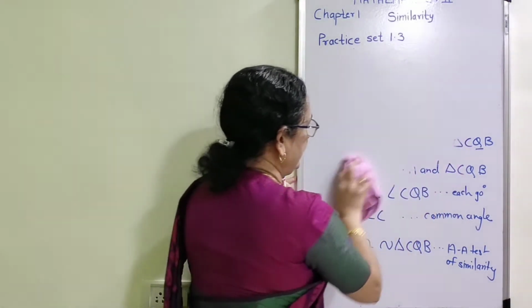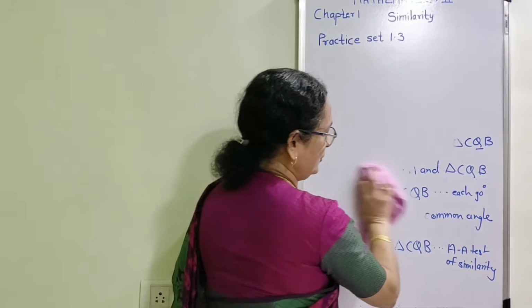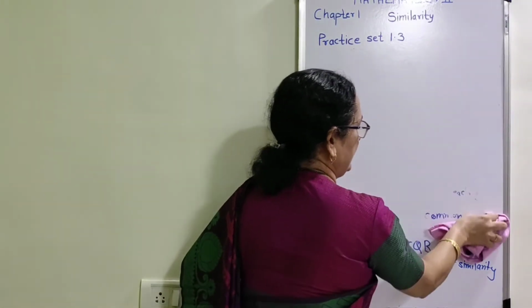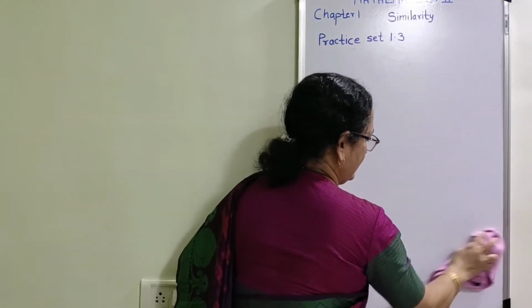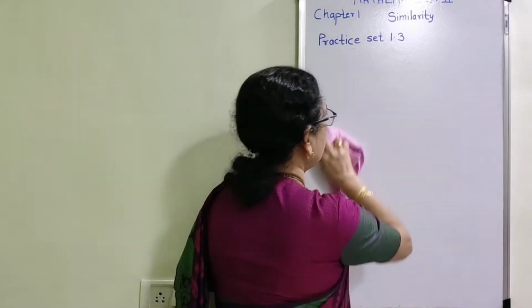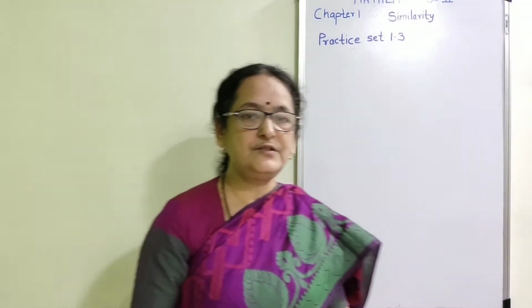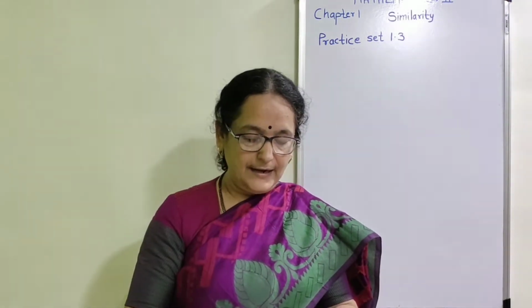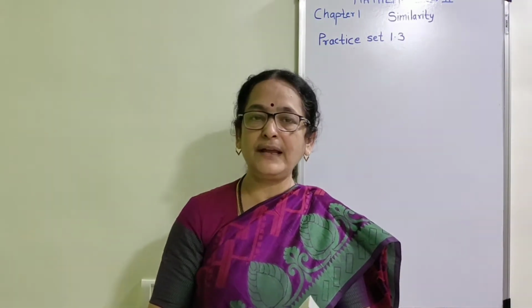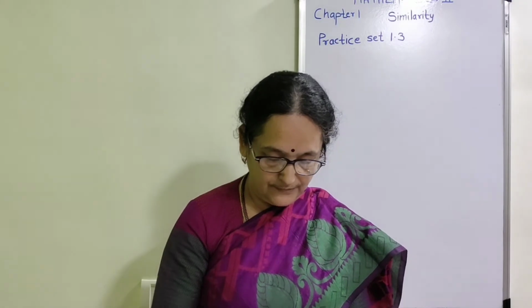When you are going to write all these examples in your notebook, draw an accurate figure every time, since you are going to remember each and every example with the help of the figure. Please draw an accurate figure and try to understand and learn the example with the help of given figures.